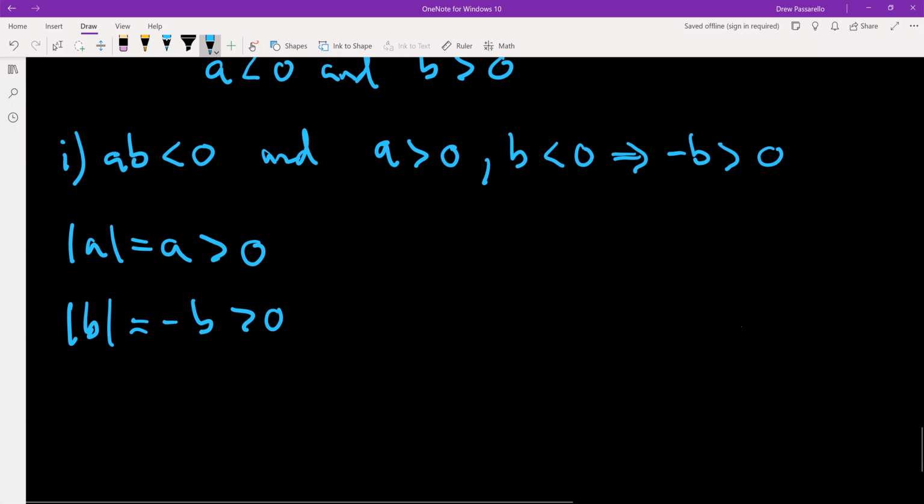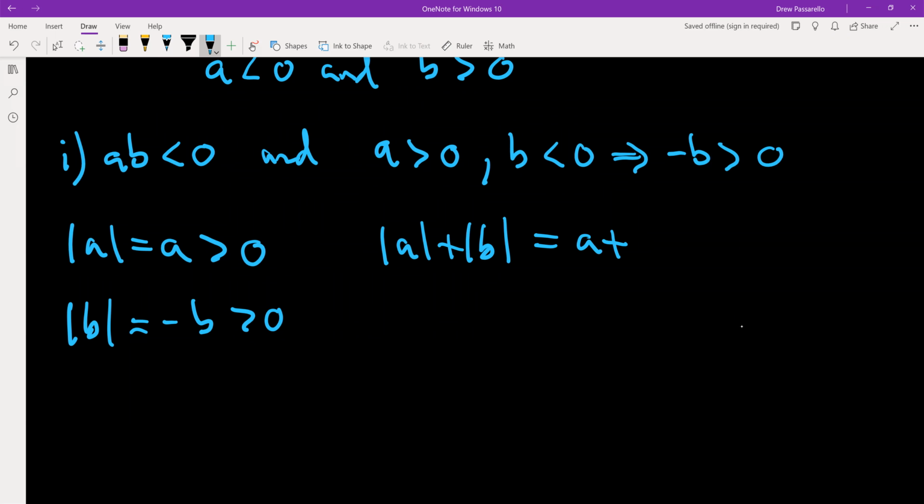And let's see, so when I do absolute value of a plus absolute value of b, that's going to equal a plus negative b, which we know that sum has to be positive since a is positive and negative b is positive.